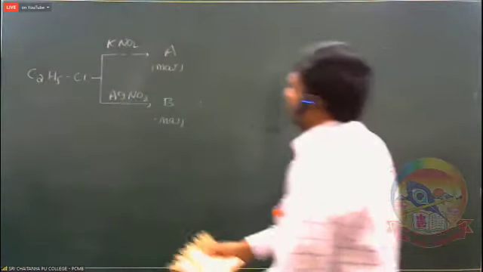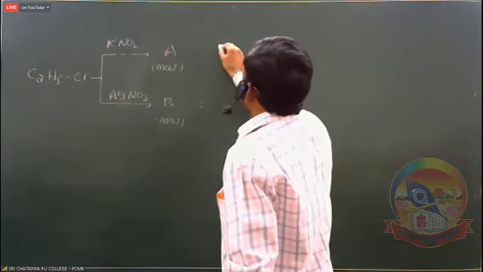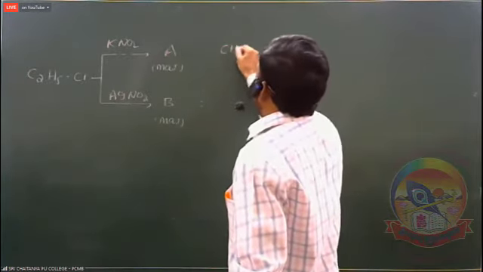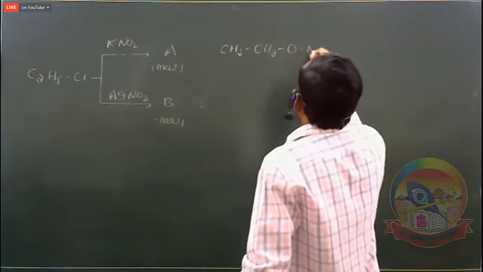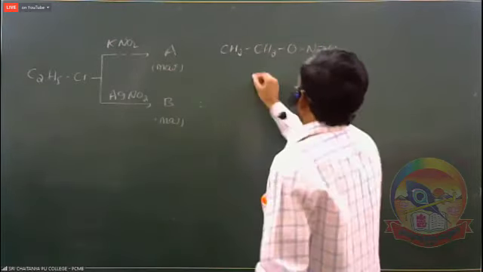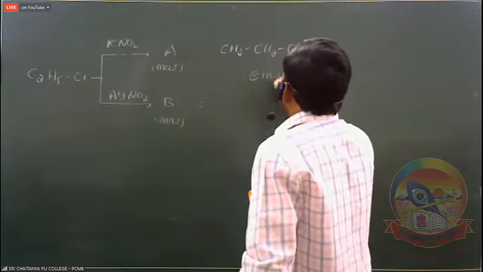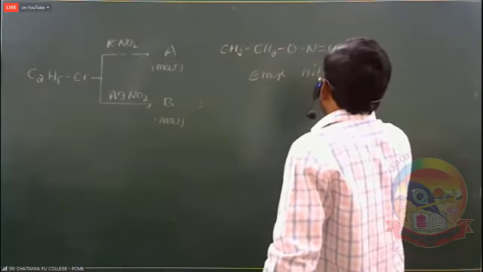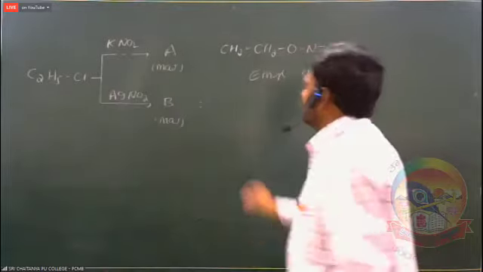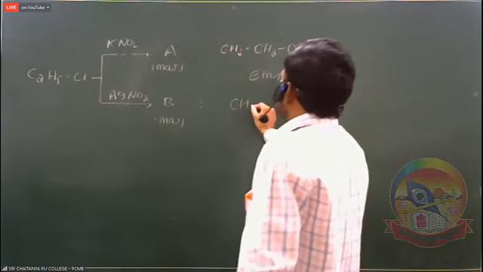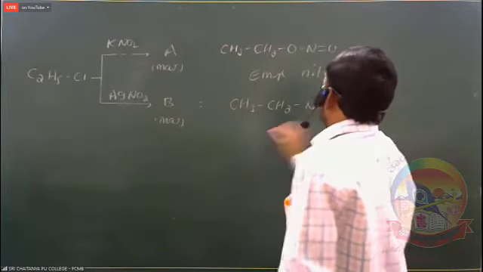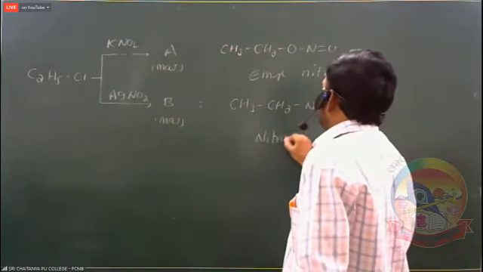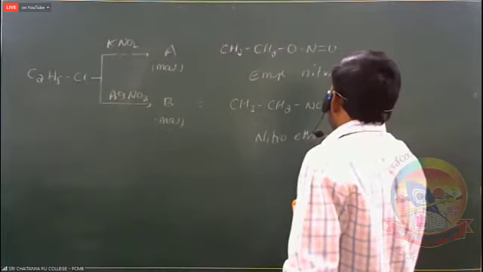If you take KNO2, the product formed is CH3CH2ONO. It is called ethyl nitrite. Here B is CH3CH2NO2. It is called nitroethane.